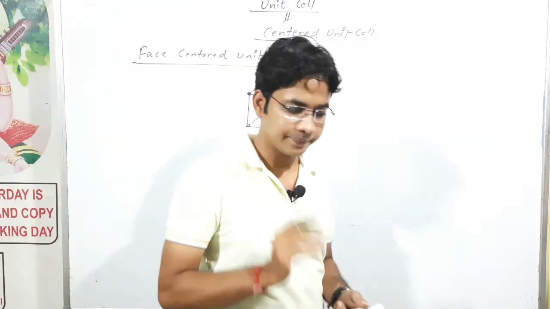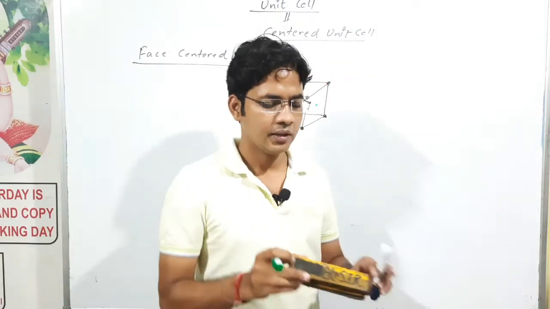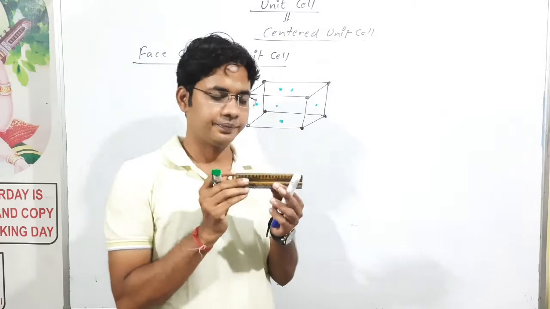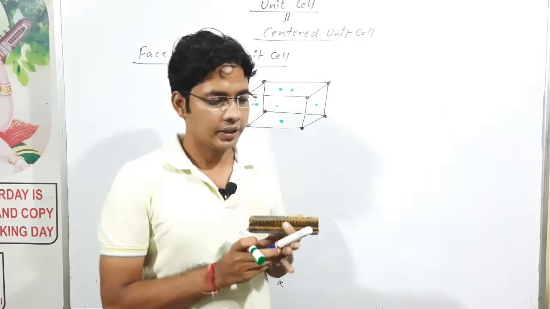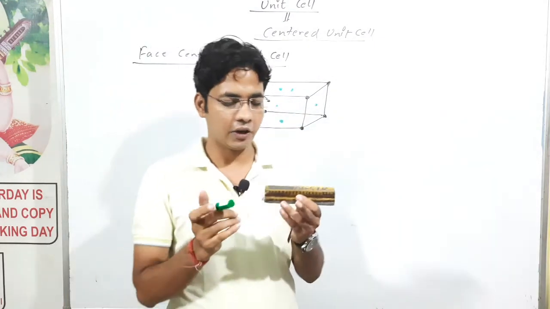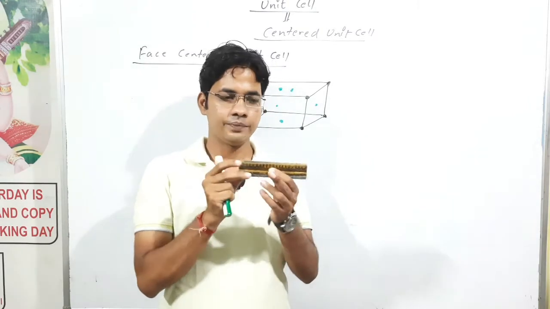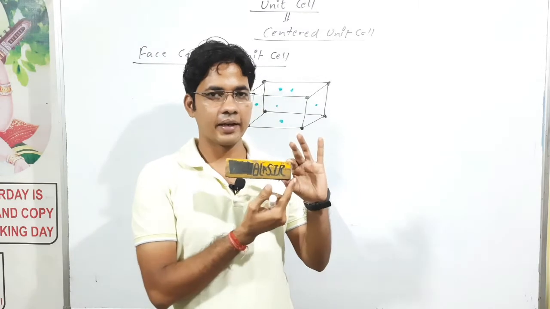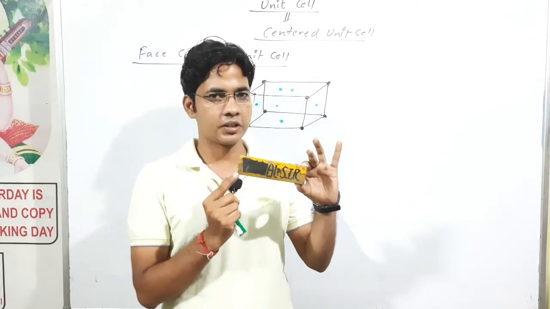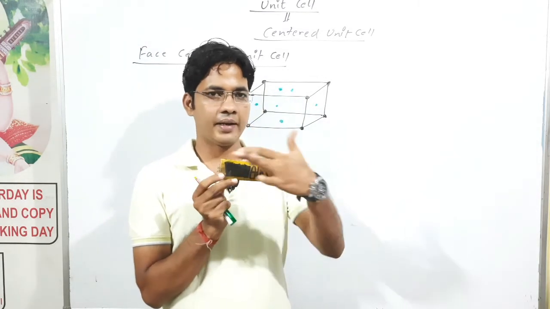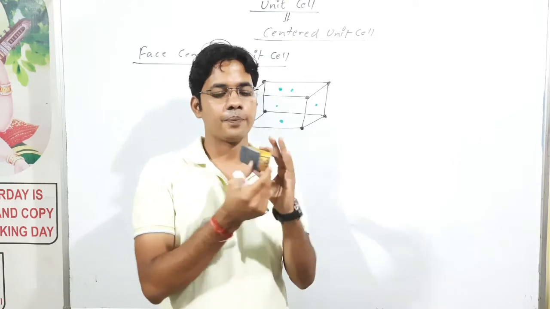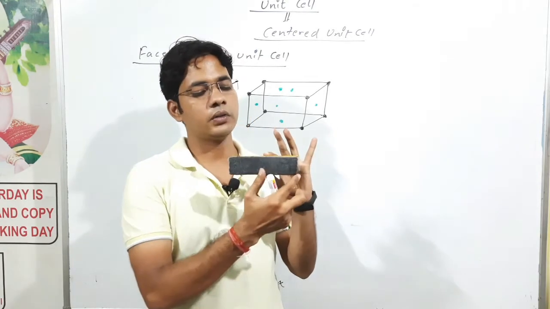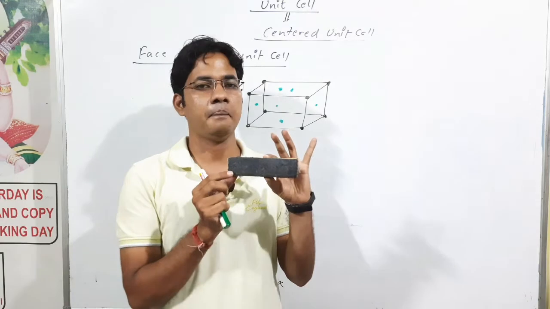For example, consider that this is our unit cell. If the atoms are present only at the corners, there is one atom, second atom, third atom, fourth atom, 4 atoms at the front face, and 1, 2, 3, 4, 4 atoms at the back face.